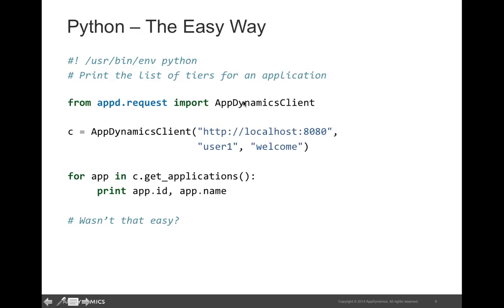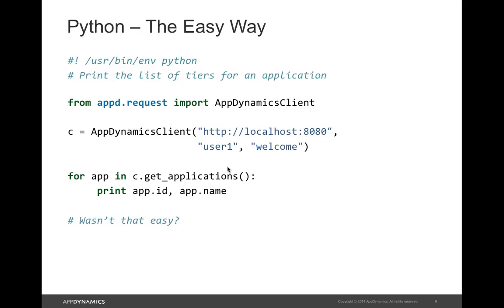So you just create an AppDynamics client object. You point it at your controller. You notice one difference with this one is you don't even have to give it the account name. We assume the account name is customer1 unless you're on a multi-tenant controller. Then you can pass in the account name if you like, but we assume. So you give it the URL, and then we just call get applications and print the ID and the name. It's really that simple.